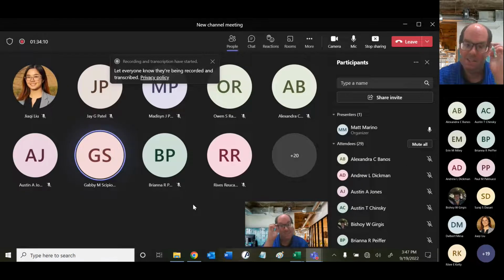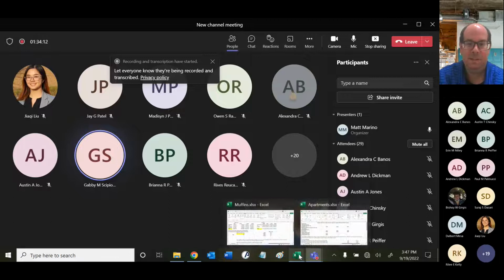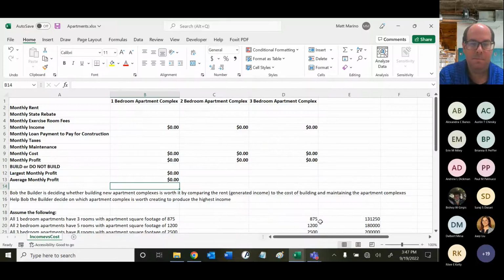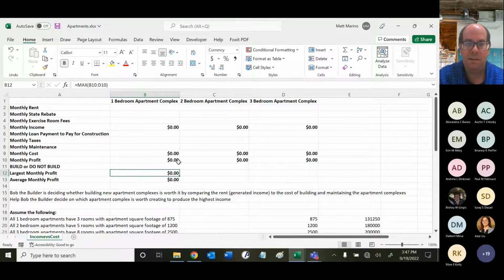Yeah, can you just show the two equations again for the highest monthly profit and average again, just for like 2 seconds? Yep. So for largest, it's just max equals max for B10 through D10, which is our three profits here that eventually we'll calculate.